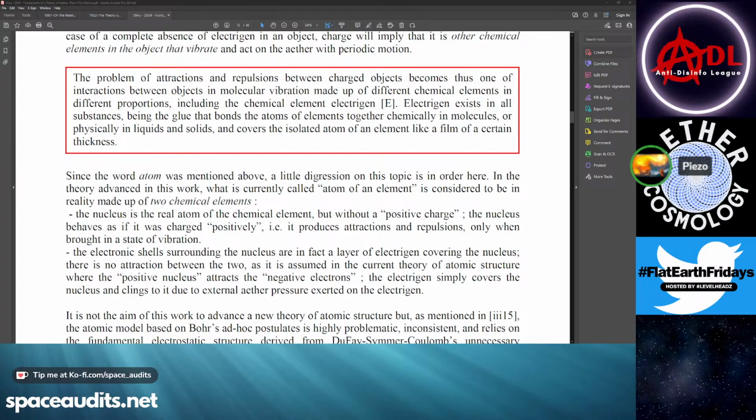The electronic shells surrounding the nucleus are, in fact, a layer of electrogen covering the nucleus. There is no attraction between the two, as it is assumed in the current theory of atomic structure, where the positive nucleus attracts the negative electrons. The electrogen simply covers the nucleus and clings to it due to external ether pressure exerted on the electrogen.